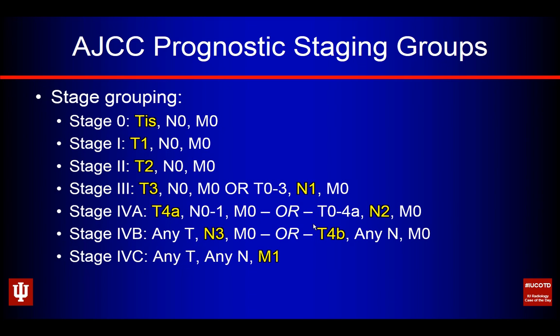So again, the T4A goes to stage 4A, the T4B goes to stage 4B, the N2 goes to stage 4A, the N3 goes to stage 4B, and then honestly making it quite easy, regardless of your T, regardless of your N, if you have distant metastases, that puts you at stage 4C disease. So once you start approaching these, you can use those individual handful of things, those discriminators basically, that can make your job a little bit easier.